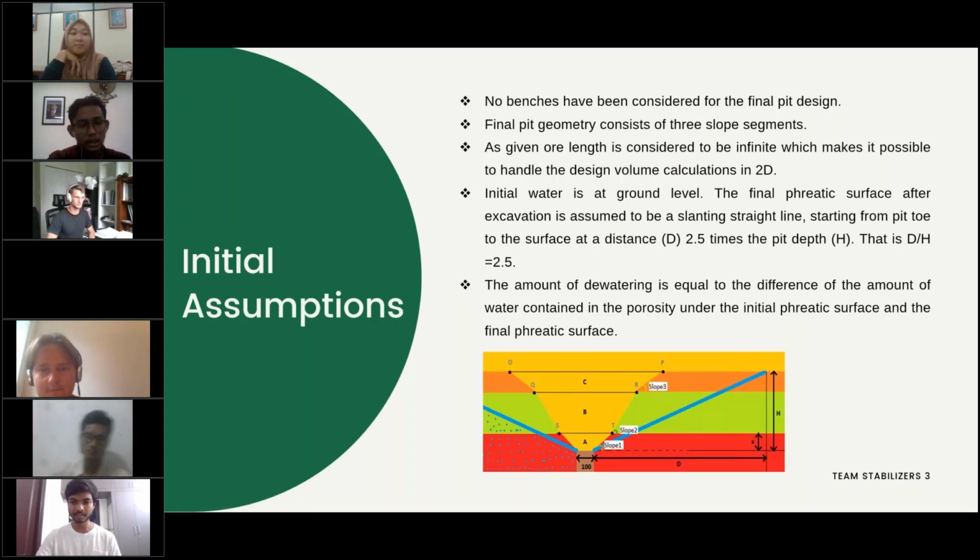For the phreatic surface, we assumed the D by H ratio, where D is the horizontal distance from the pit toe and H is the total height, to be 2.5 according to some analysis. And the amount of dewatering is the total amount of water in the porosity above this phreatic surface.